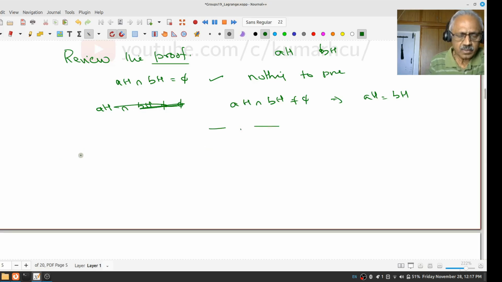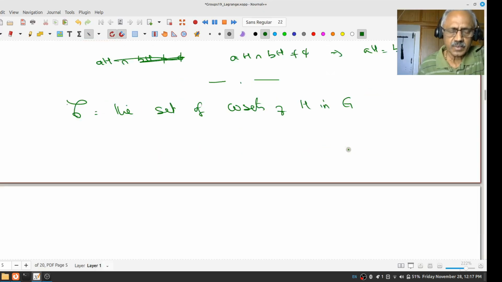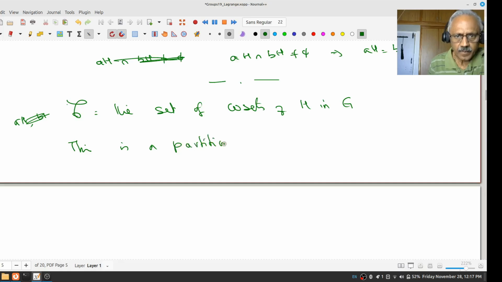So suppose C is the set of cosets of H in G. Then what I have proved, given two cosets AH and BH, these are in the set of cosets. You understand this? I claim this is a partition. What do I mean by that?